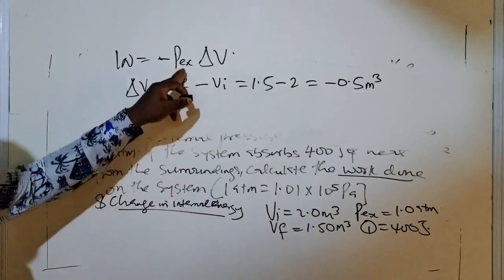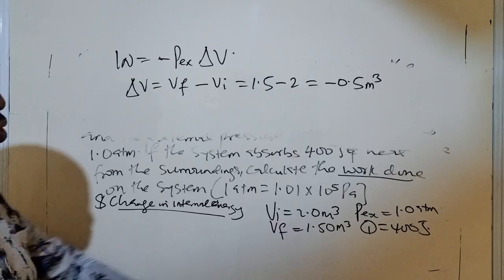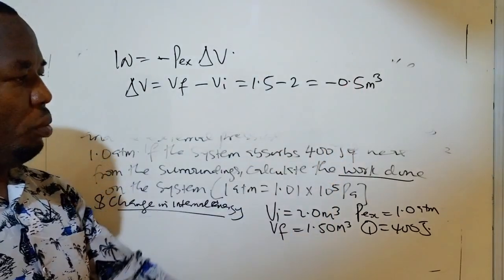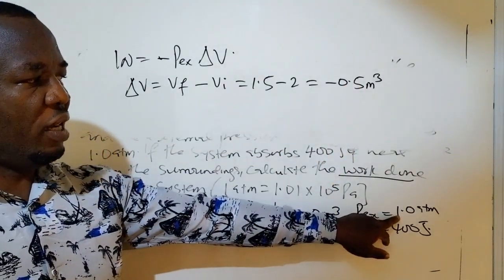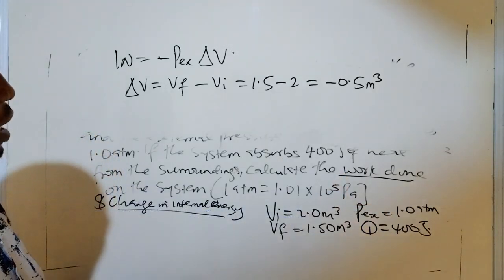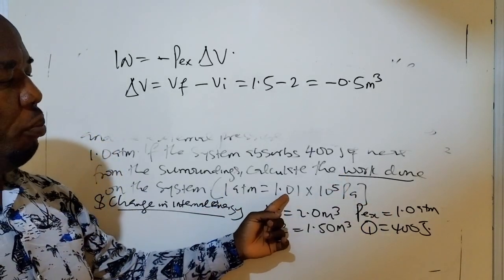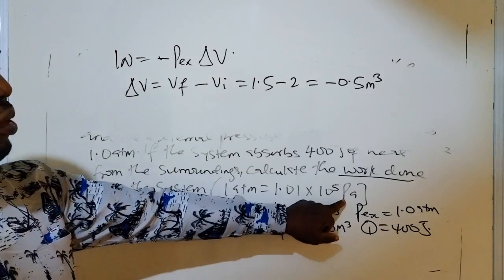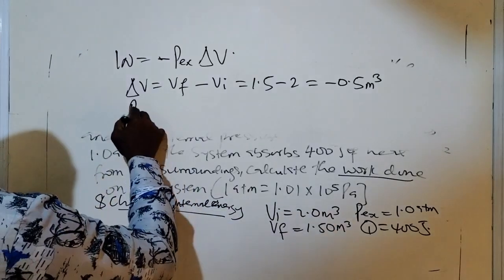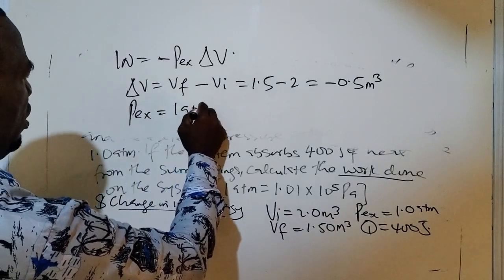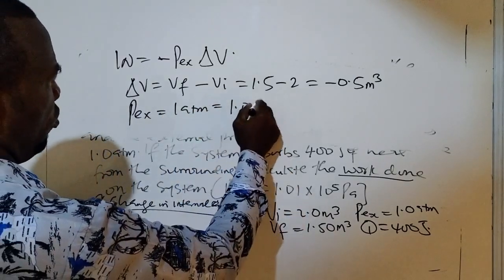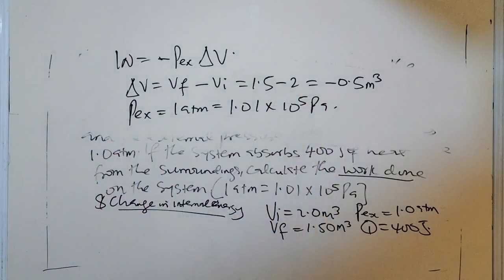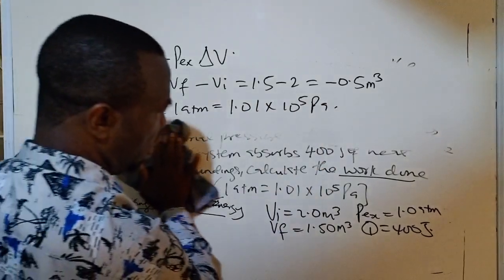So we apply this formula. But before we apply it, the pressure is given to us in atmosphere. The volume is given in standard unit, meter cube. So you have to convert this pressure to a standard unit. That's why it's given in bracket: 1 atmosphere is equal to 1.0 times 10 to the power 5 pascals, which is the standard unit of pressure. Having done that, we now find the work done.